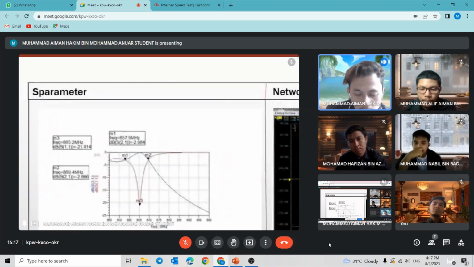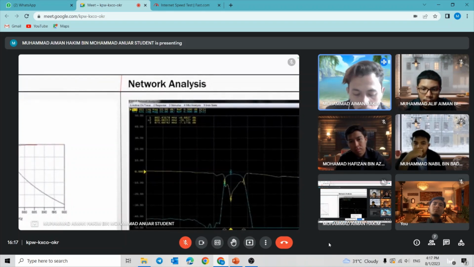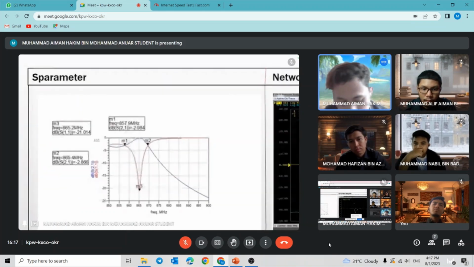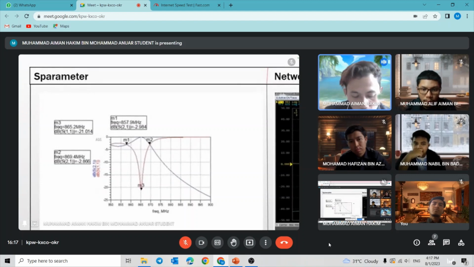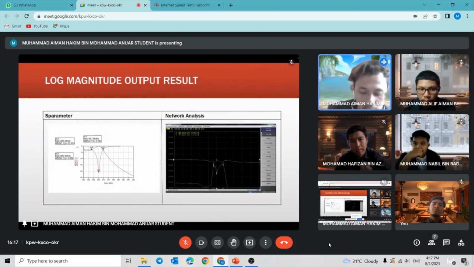Then for the intersection we get 866.06 from the lab, and in ADS we get 5.2. The values are almost the same as in lab 2B because we use the same calculation. That's all for me and thank you.